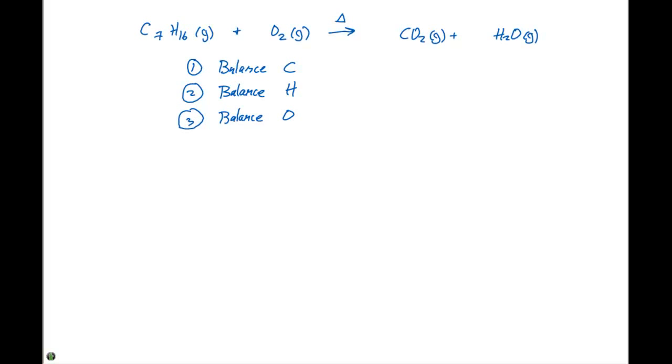you're going to make it a lot easier on yourself. So first we have C7H16. There's 7 carbons on the left and there's only 1 on the right. So we need to put a 7 in front of the CO2. Now we have the carbons balanced. Next comes the hydrogens. In terms of the hydrogens, we have 16 hydrogens on the left and only 2 on the right.